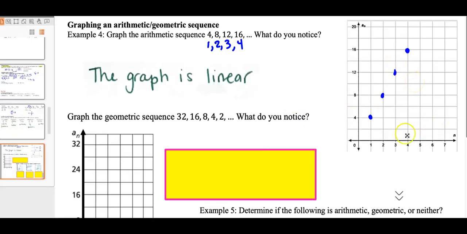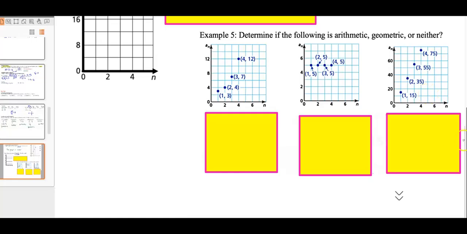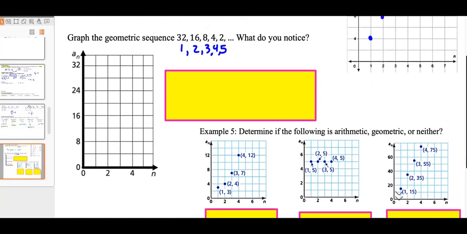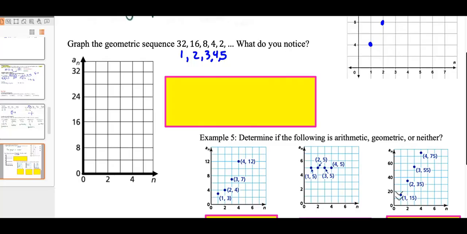Now let's try the second one. I've got a geometric sequence. Again, I've got 32, 16, so on and so on. Again, first number, second number, third number, fourth number, fifth number. So if I graph that, the first number is 32, the second number is 16.